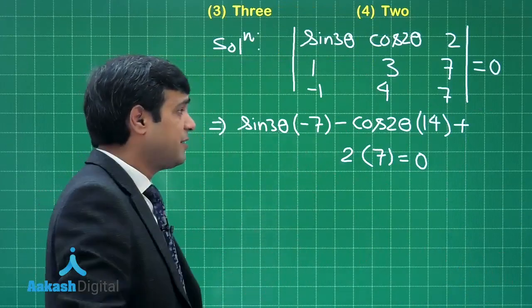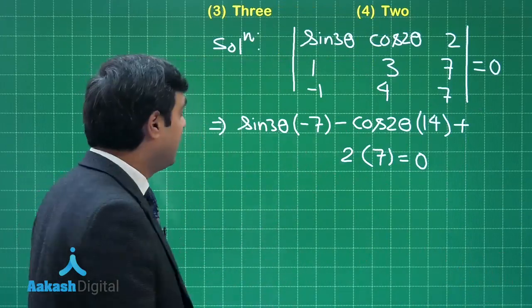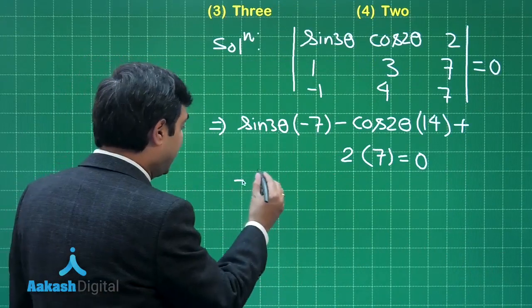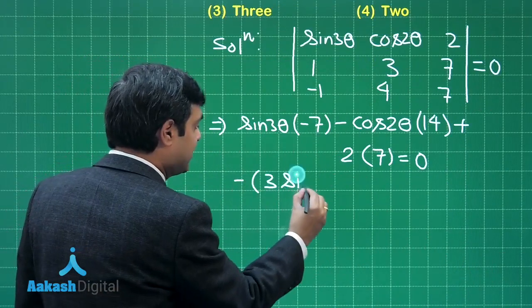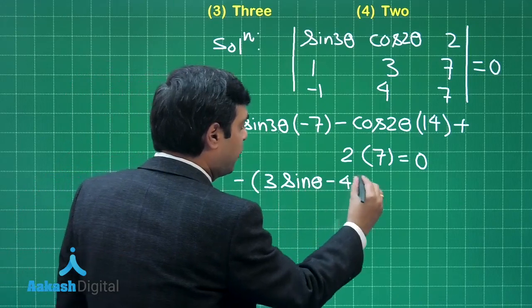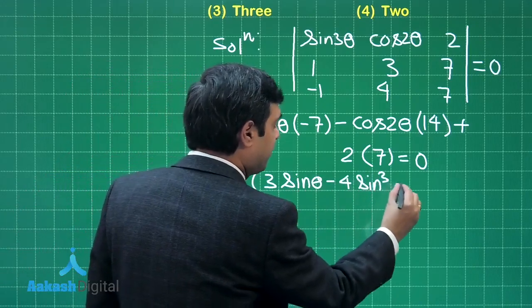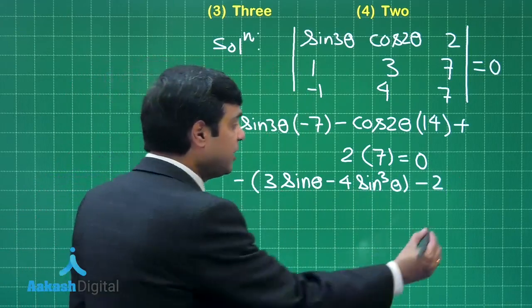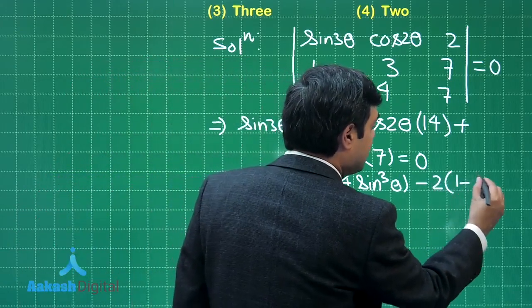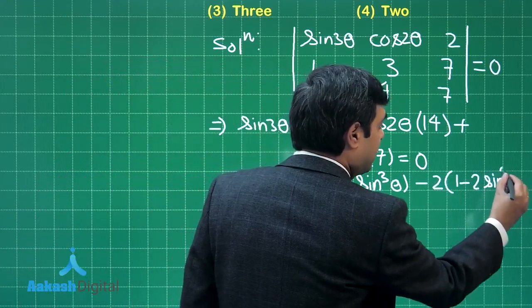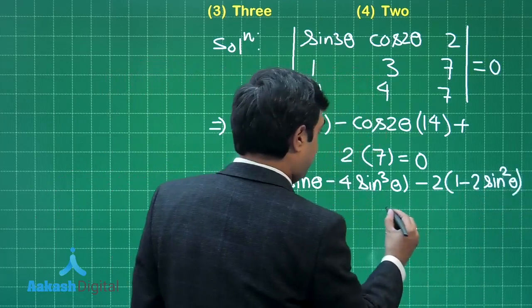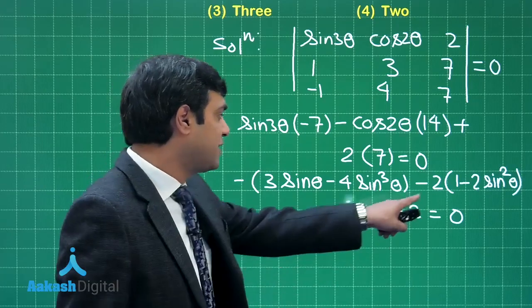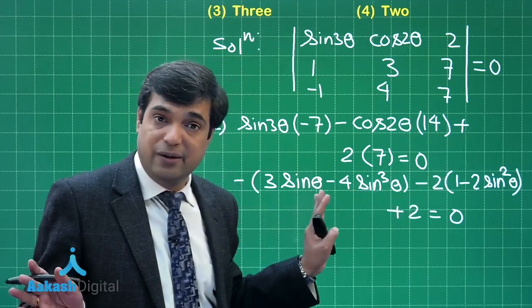Next, we can divide this equation by 7 just to simplify, and sin 3 theta can be written as 3 sin theta minus 4 sin cube theta with a negative sign, minus 2 times cos 2 theta can be written as 1 minus 2 sin square theta, plus 2 is equal to 0. Now, you can see 2 is cancelled, the constant is eliminated, right.